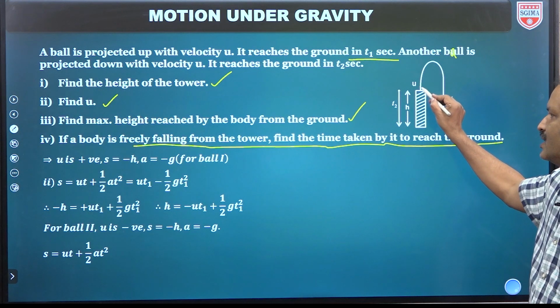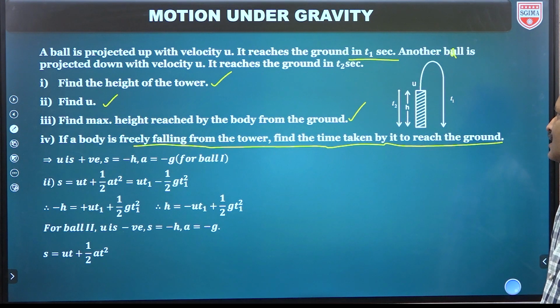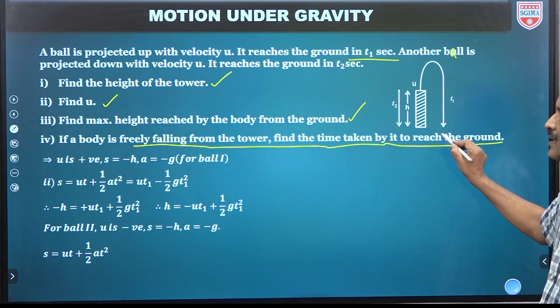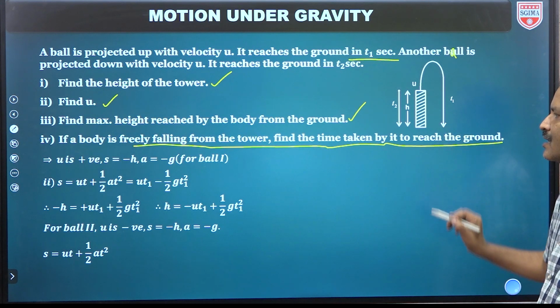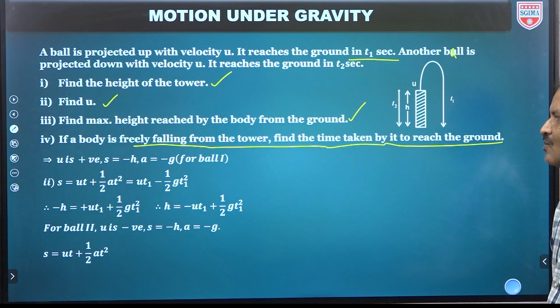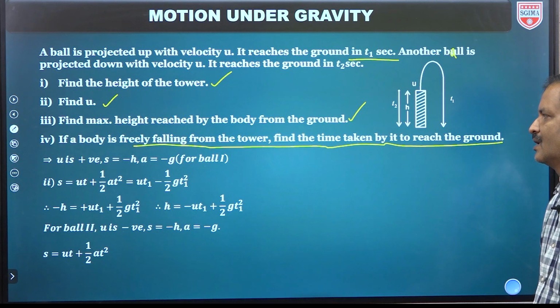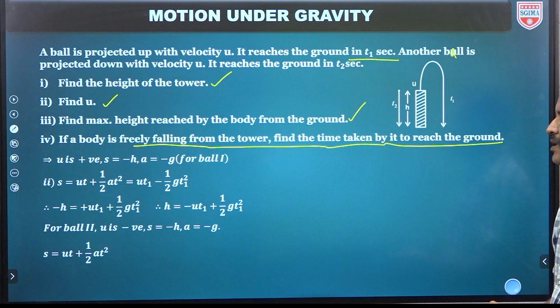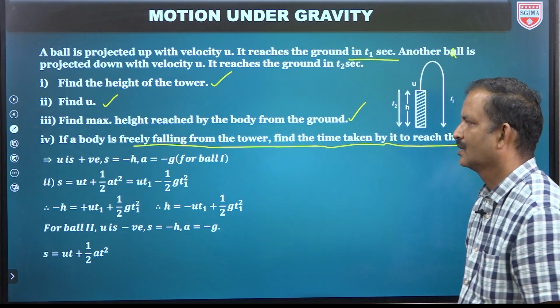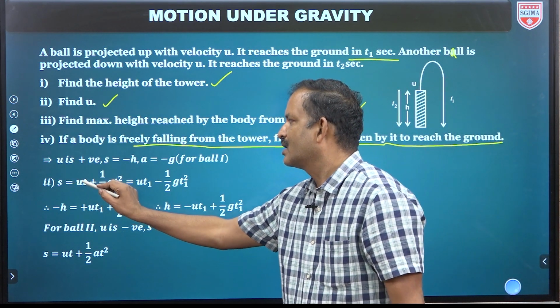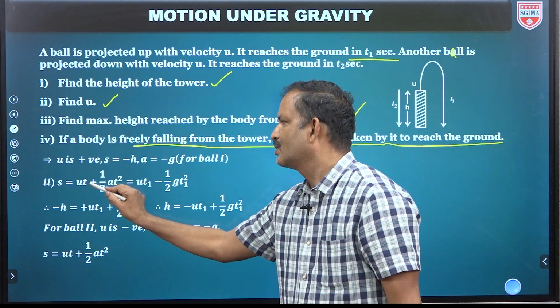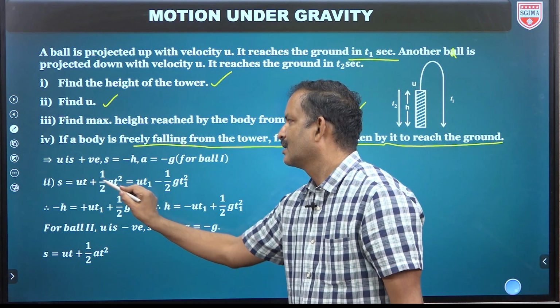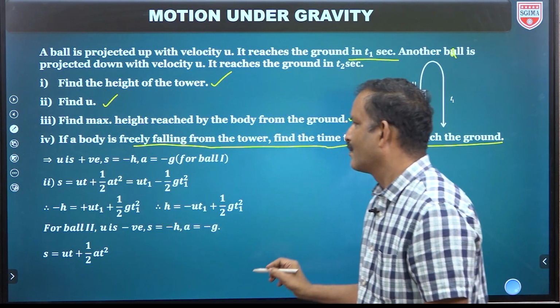First, u is positive. Displacement is, it reaches the ground in t1 seconds. S is equal to minus h. a is equal to minus g for the ball 1. So, one ball is projected upward, S is equal to ut plus half at square. That is, S is minus h.